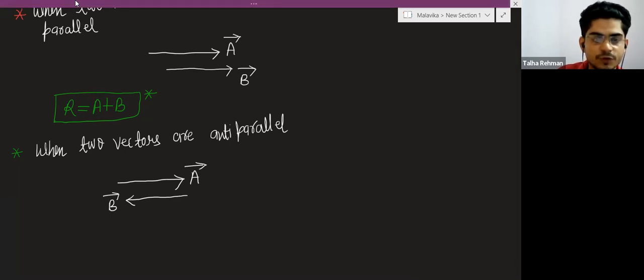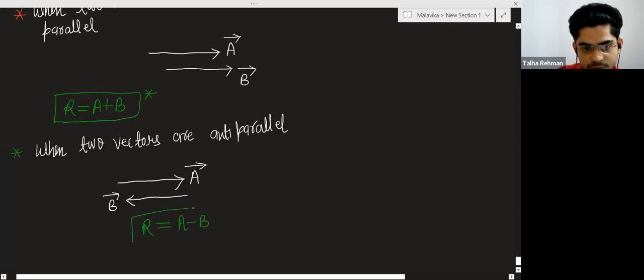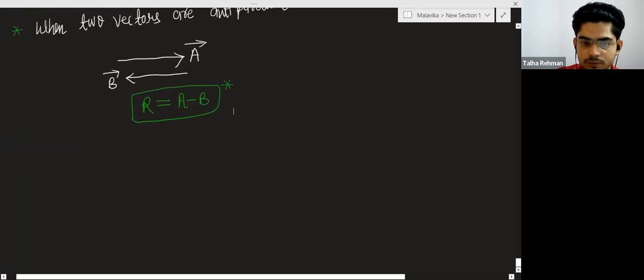So if you want to calculate the resultant, meaning the magnitude of the vector summation, then simply subtract A minus B. Remember, this is the magnitude.